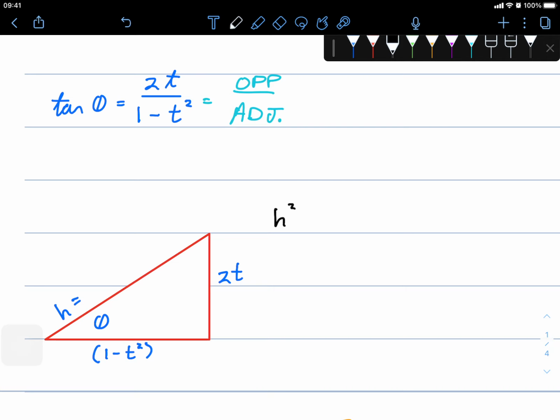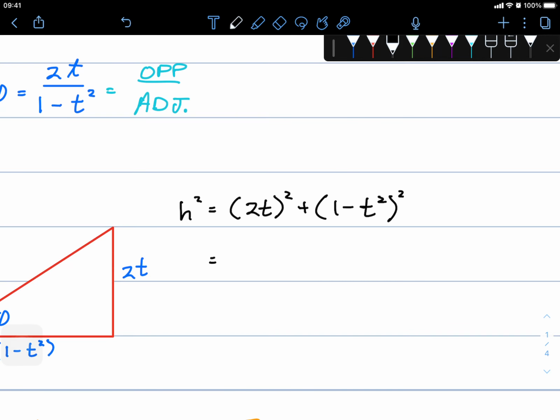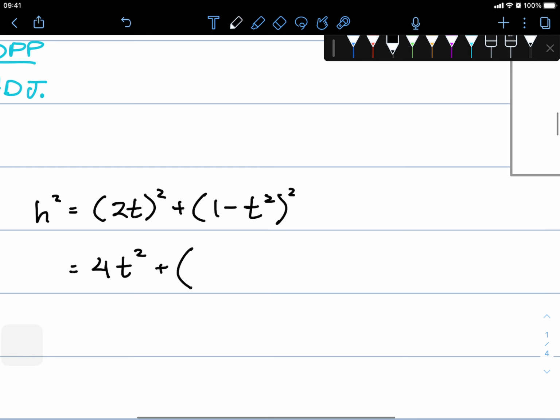So h squared is equal to 2t whole squared plus 1 minus t squared all squared. Expanding this, we get 4t squared plus, this is going to be squaring the first, squaring the last, and double the product of the middle, so minus 2t squared.